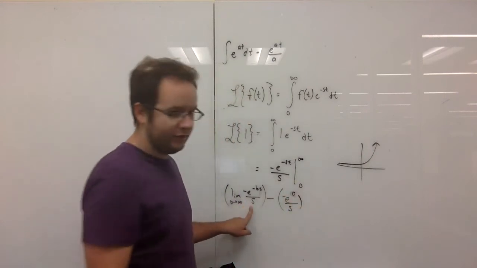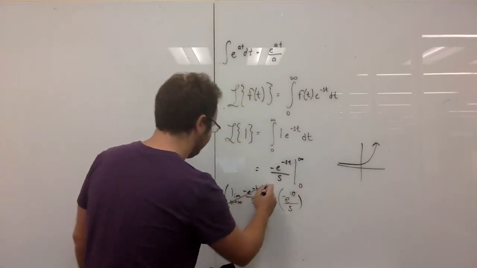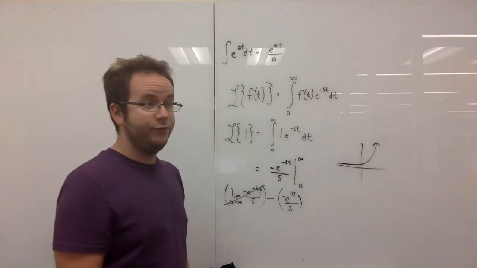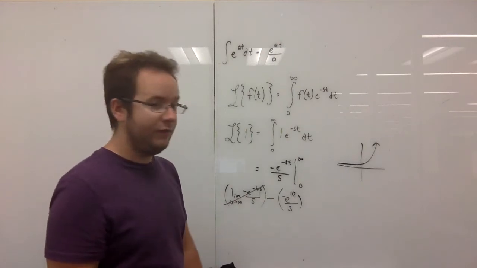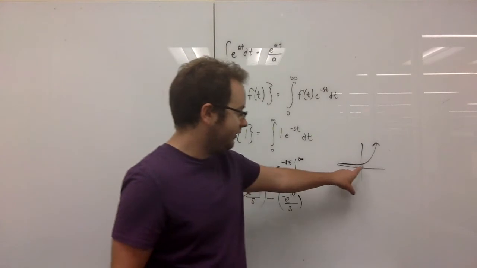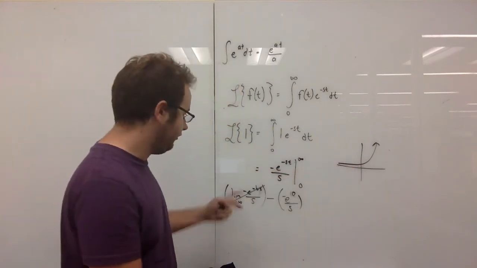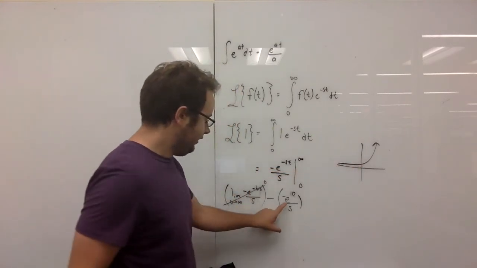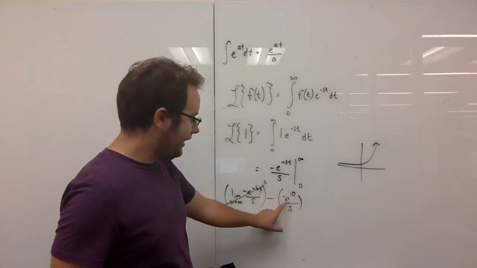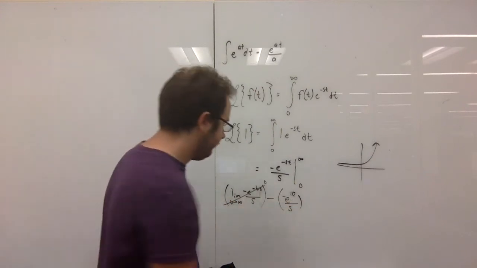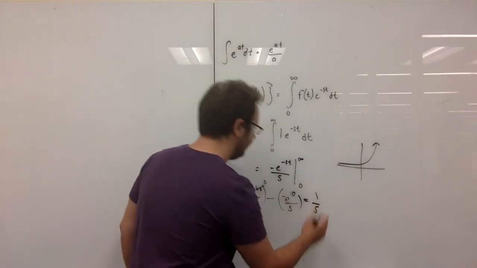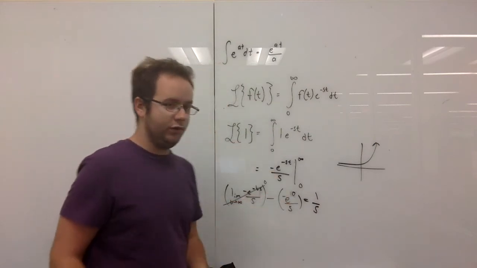But what does the first part come out to be? 0, because as you send the exponent of e to a really large negative number, it decays as close to 0 as possible. Cool? What is this other part? e^0 is 1, so we have -1/s, or with the sign, 1 over s. The Laplace transform of 1 is 1/s.